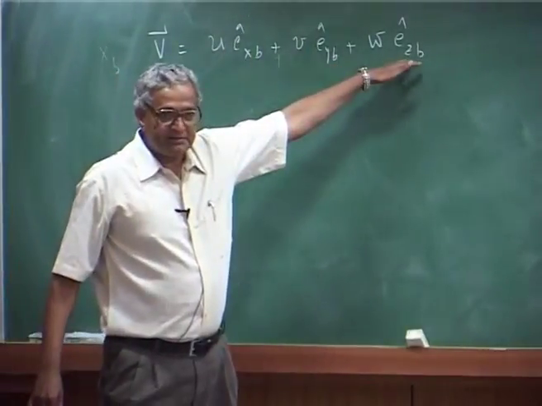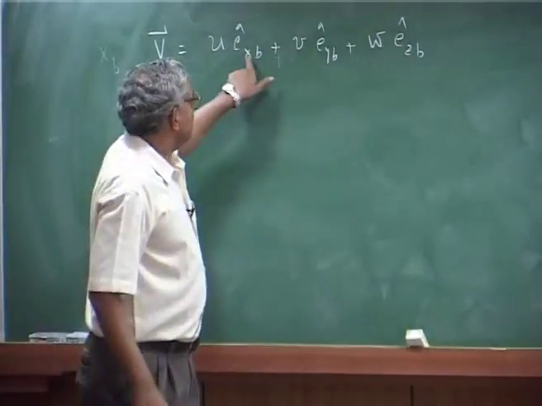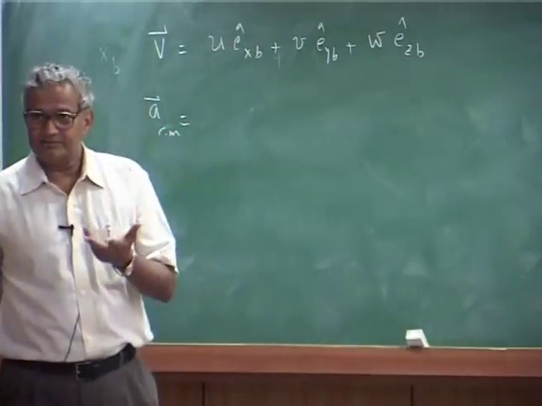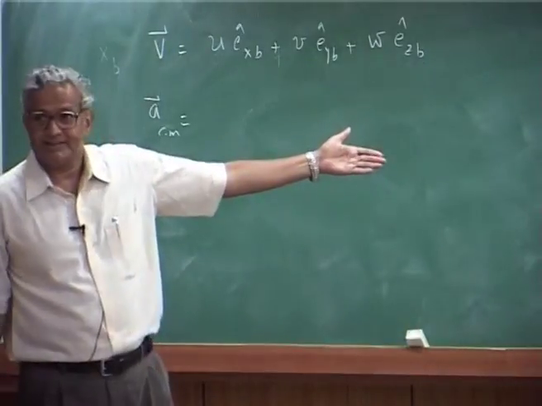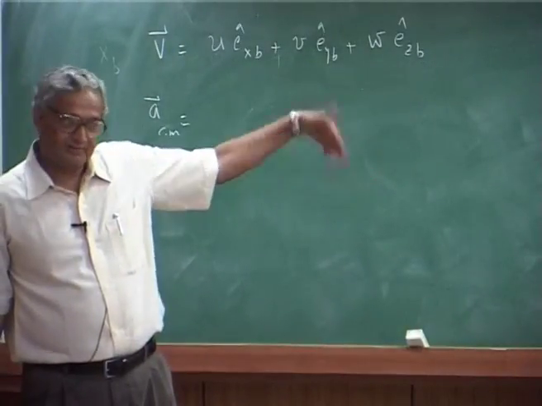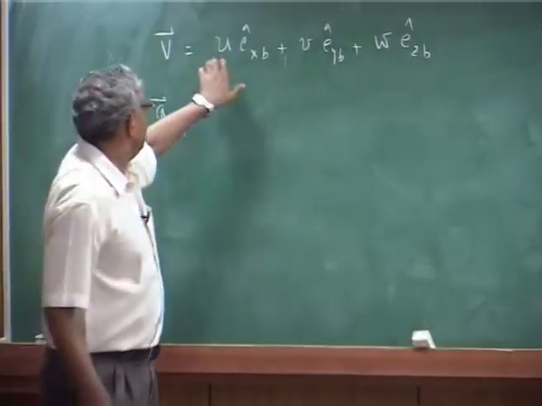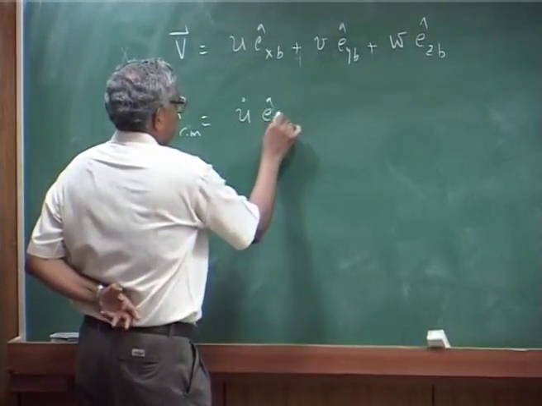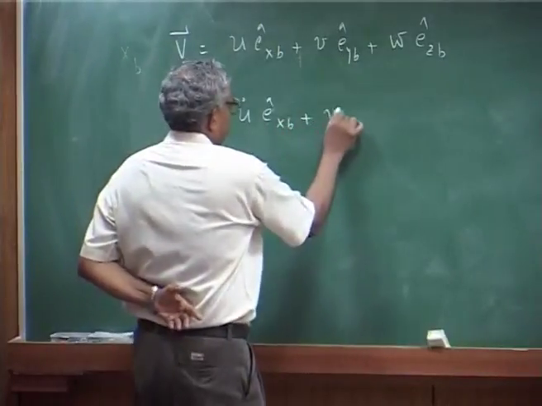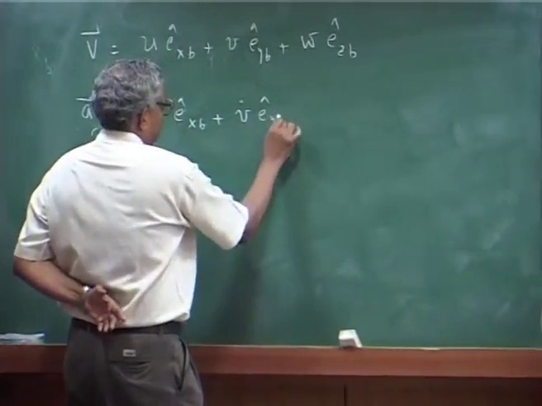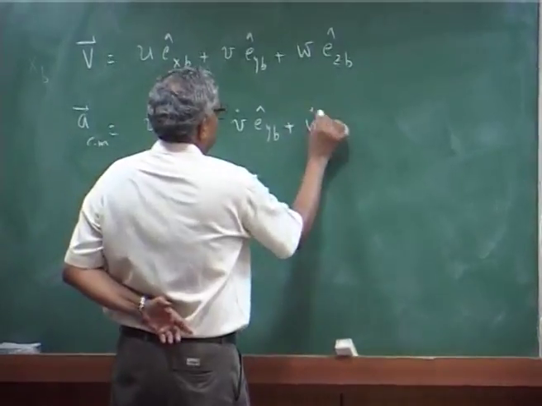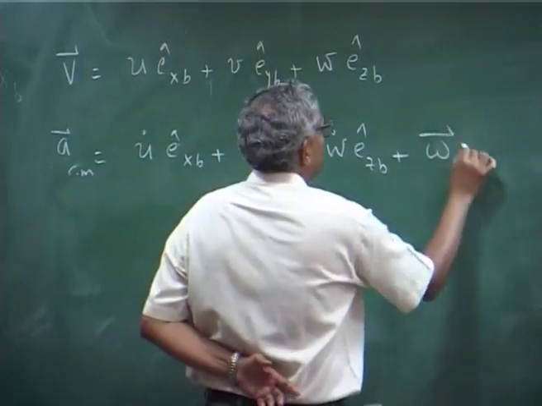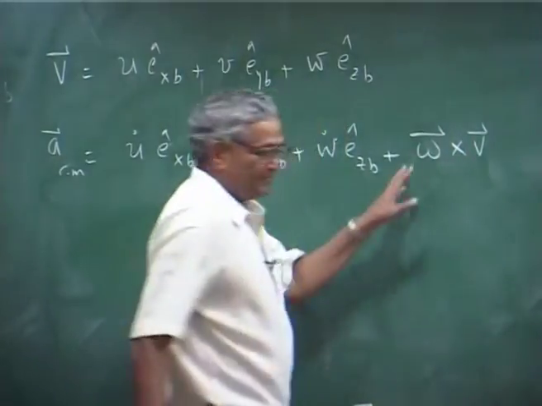Take the time derivative of this, and then these vectors are also changing their orientation, but they change with the angular velocity. So omega cross v will come. So you will have u dot e x b plus v dot e y b plus w dot e z b plus omega cross v.